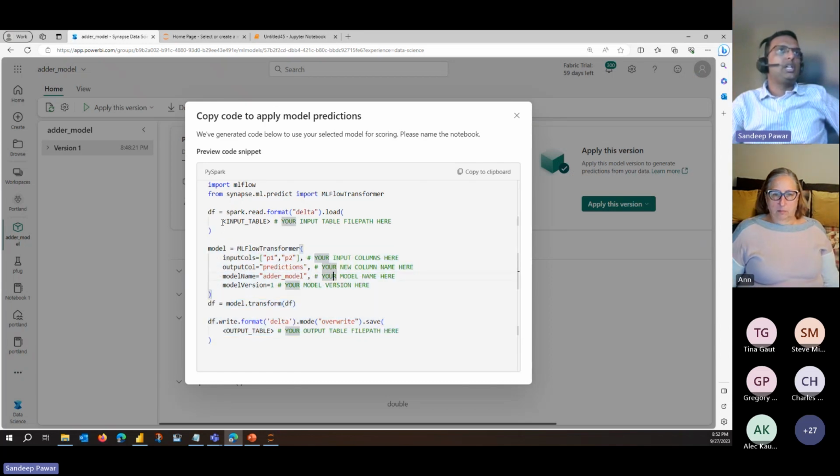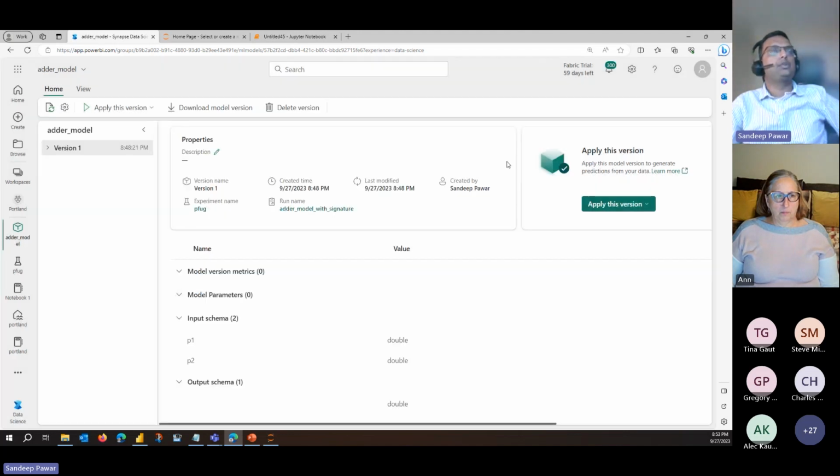And the only thing you need to change is the name of the table here, and then the output table. That's it. And then basically the exact same thing like what we did, but this gives you the code output directly, whereas the other one walks you through the overall scenario here.